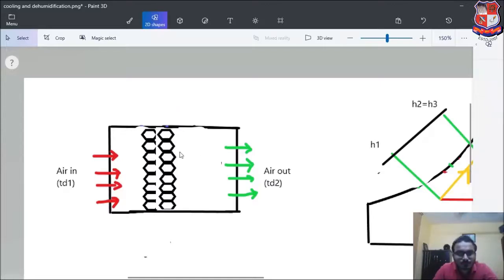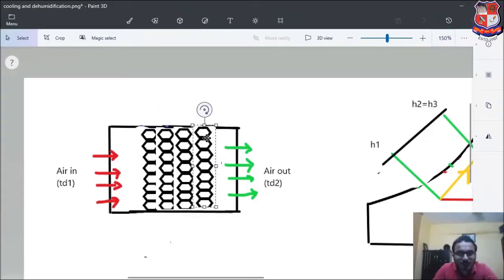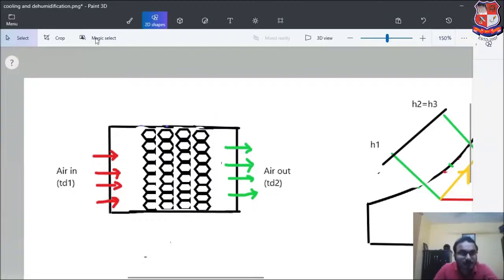So like this we will be having some chemical material in between, which will dehumidify the air. So we can copy this figure.